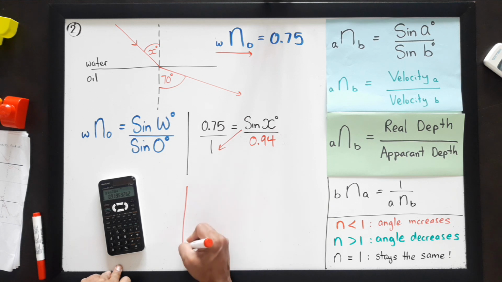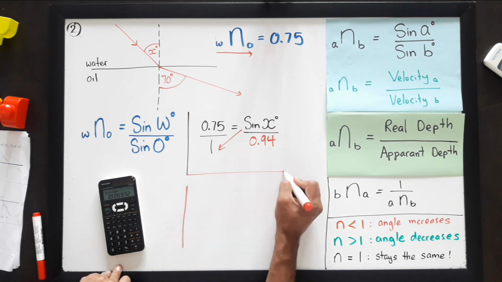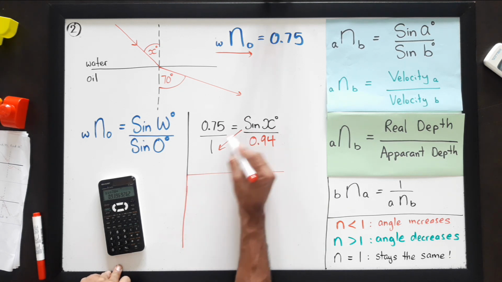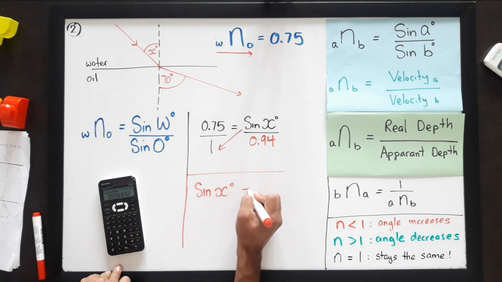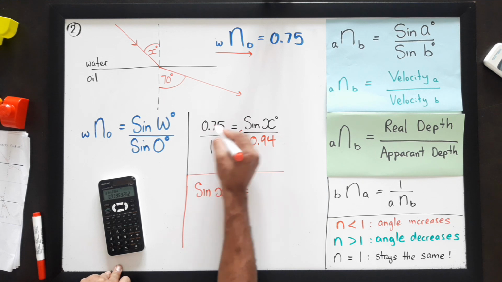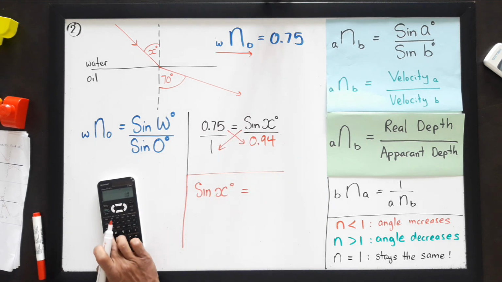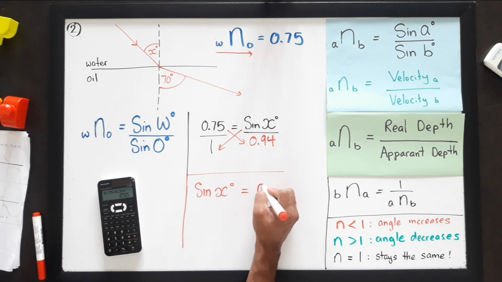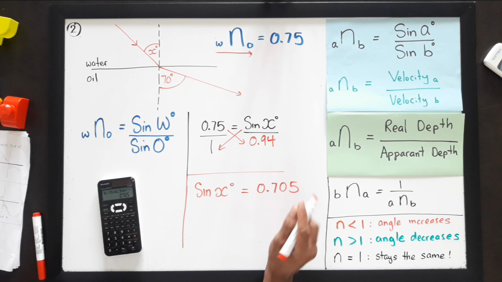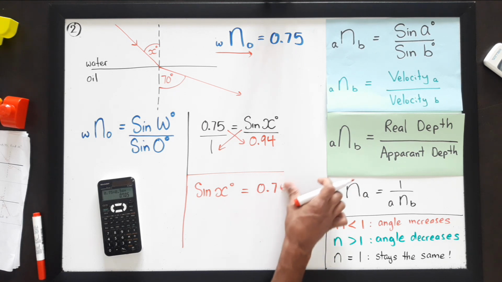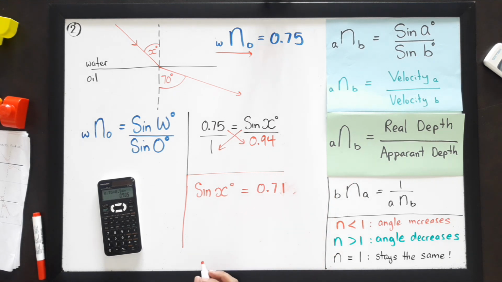I'm going to do this one first this time. Right? Sine x by 1 is just sine x. And if we multiply 0.75 by 0.94, we will get 0.705. Obviously, if you round this off to 2 decimal places, we get 0.71.